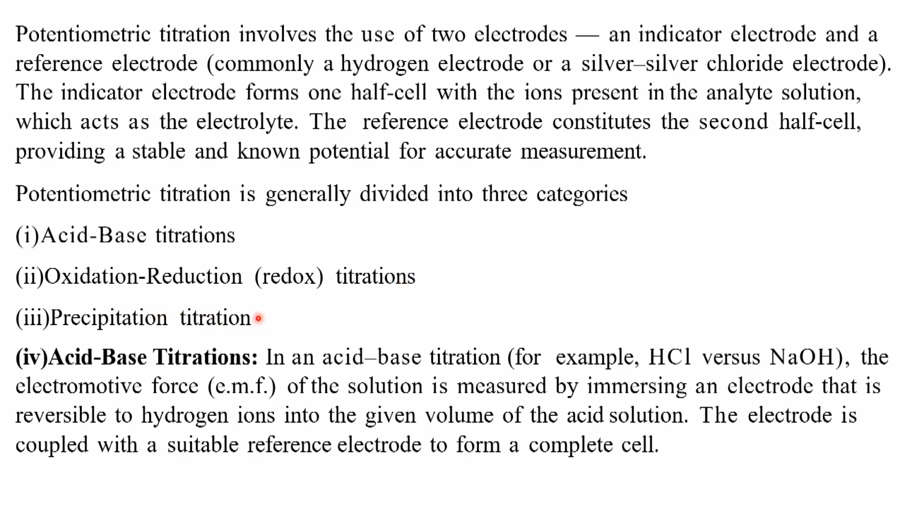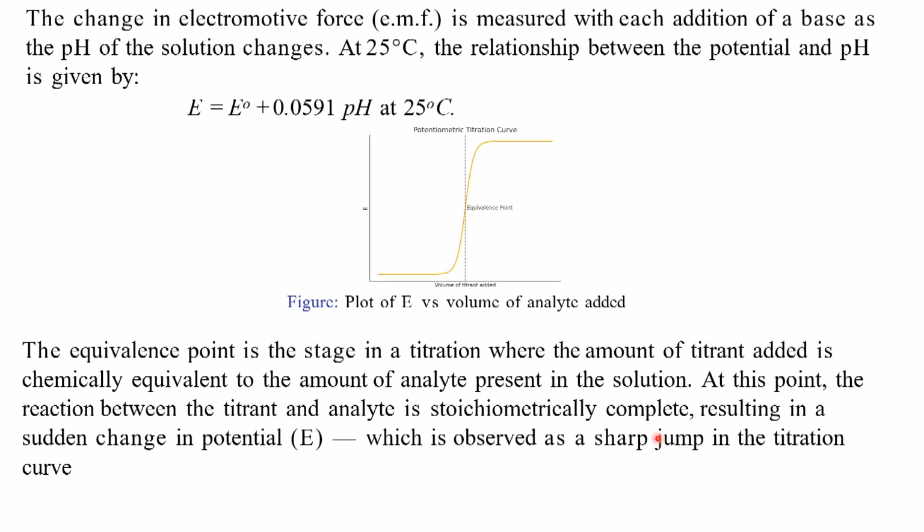First we discuss acid-base titrations. In an acid-base titration, for example HCl versus NaOH, the electromotive force or EMF of the solution is measured by immersing an electrode that is reversible to hydrogen ions into the given volume of the acid solution. The electrode is coupled with a suitable reference electrode to form a complete cell.